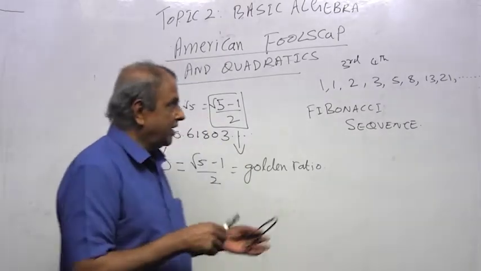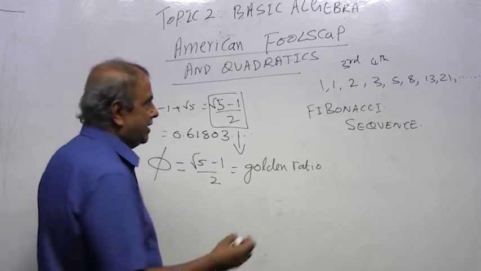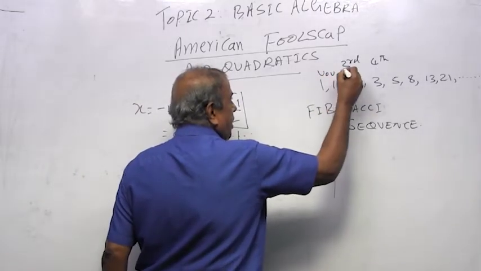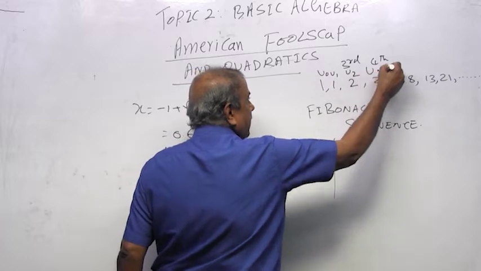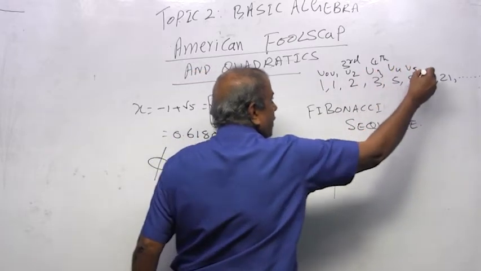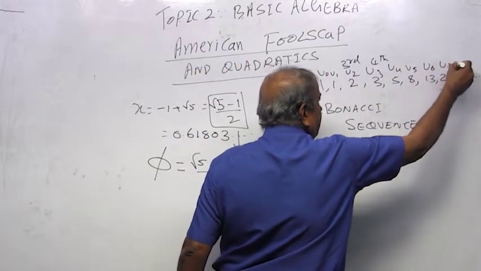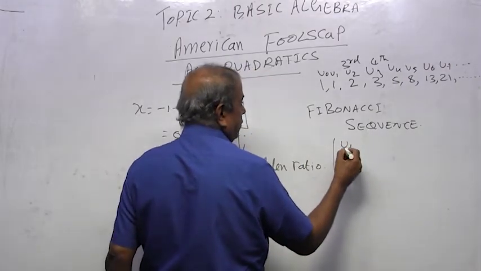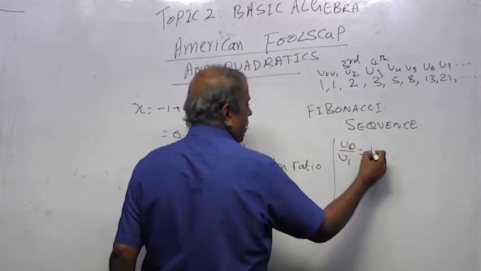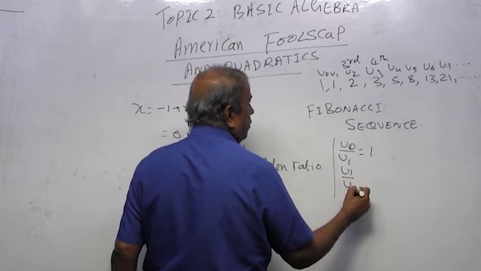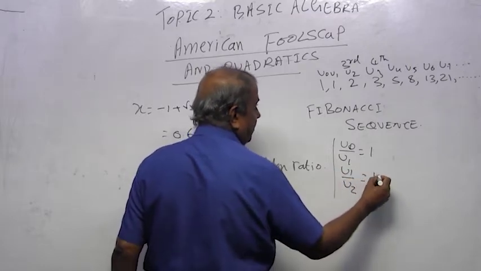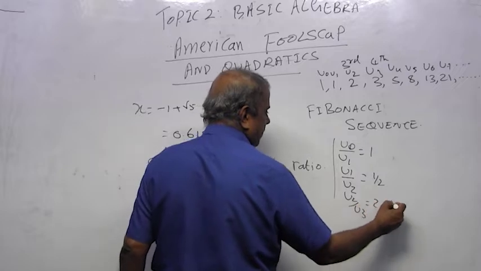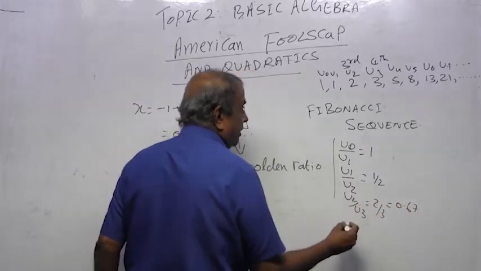Anyway, coming back to this, one thing very important. Suppose I call this U0, U1, U2, U3, U4, U5, U6, U7, etc. U0 over U1 is 1. U1 over U2 is half. U2 over U3 is 2/3, which is 0.67.